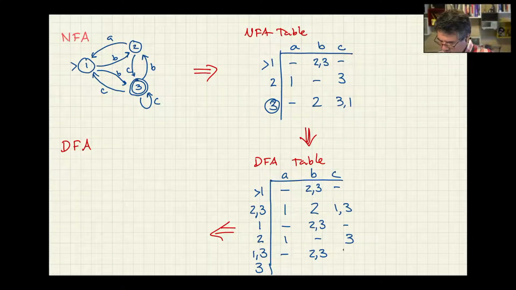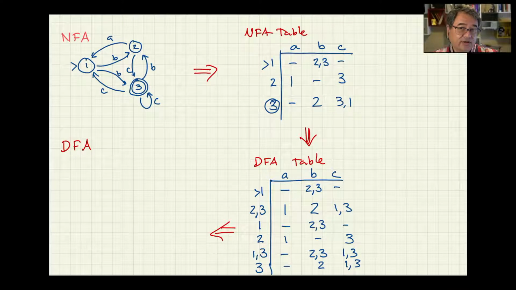We'll put those together and make 1, 3. Didn't add anything new, so we'll go to the last row. The 3 row, actually we can just copy this. Dash, 2, 1, 3. And we didn't add anything new, so we are now done.